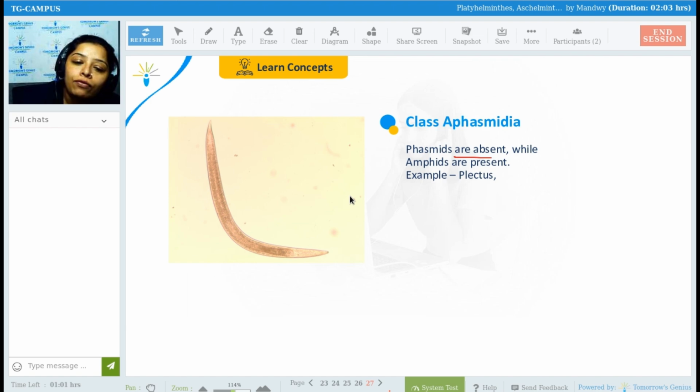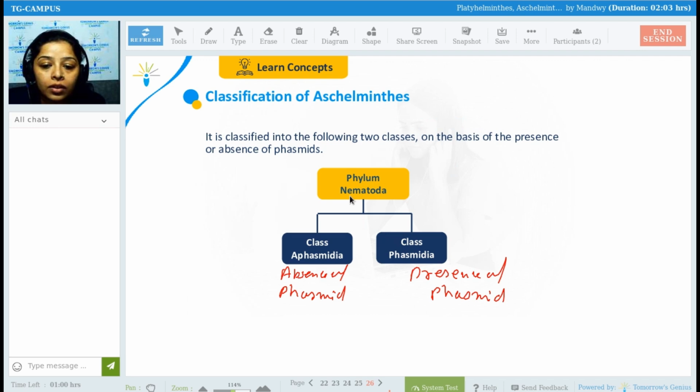Now the question is, what is phasmid? Phasmid is the unicellular sensilla in the lateral tail. It is a unicellular sensilla on the lateral tail.